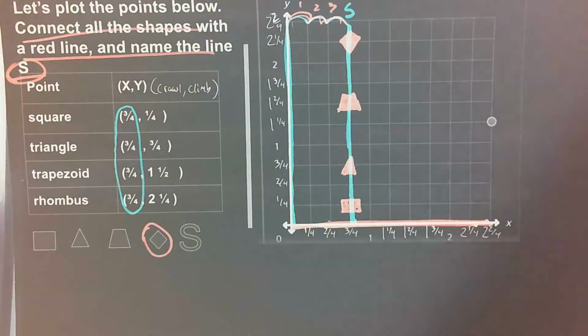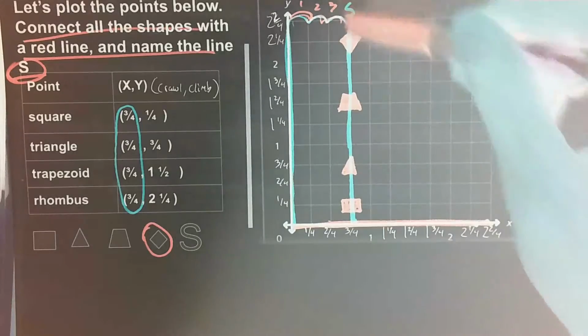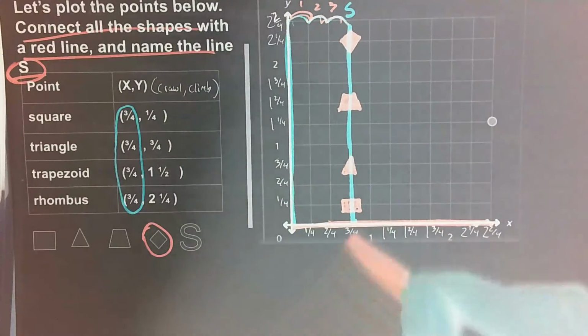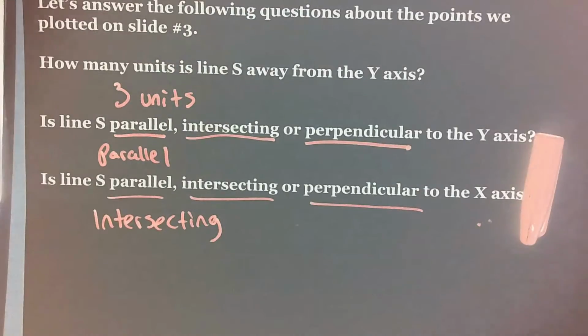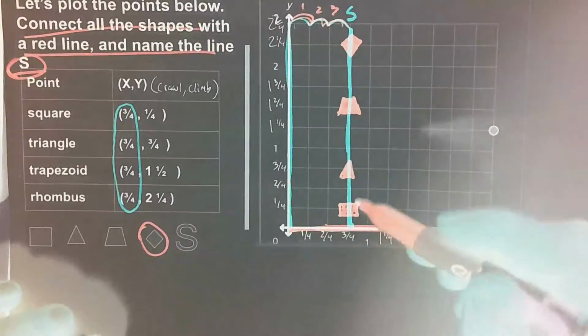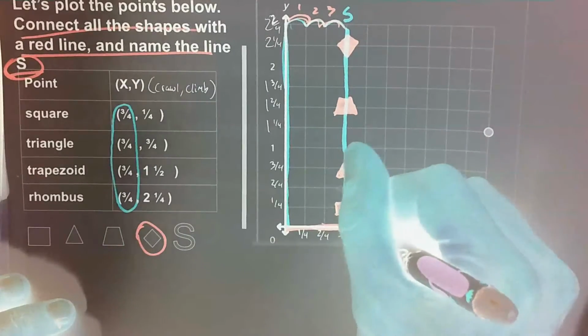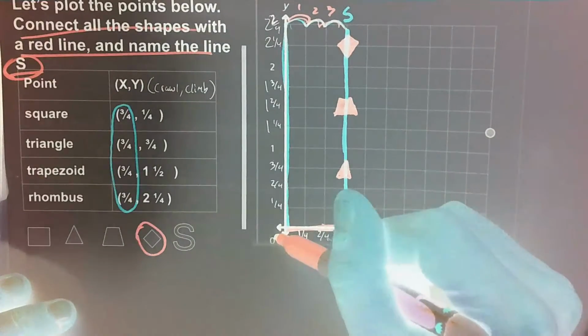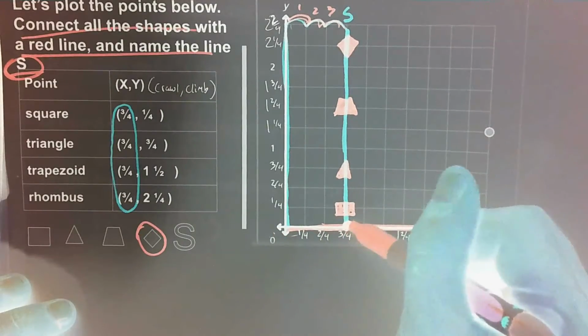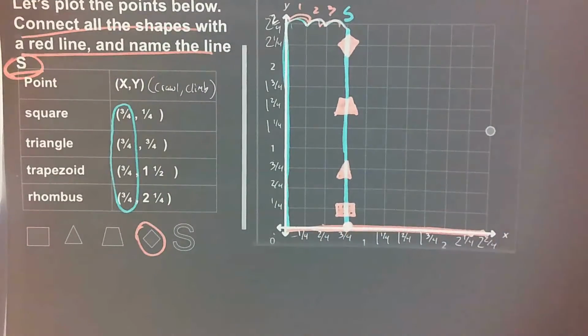Teachers, let's pick another stick here. Is line S parallel, perpendicular, or intersecting with the x-axis? Line S is intersecting with the x-axis because they meet at a point right here. They meet at 3/4 and 0 would be the coordinate that they meet at.